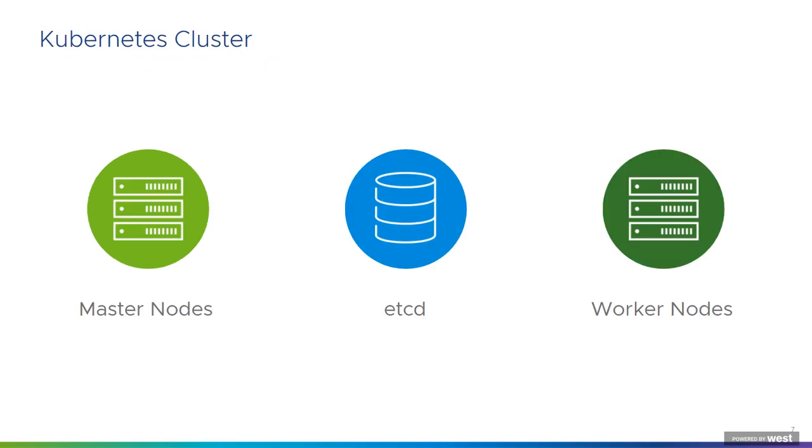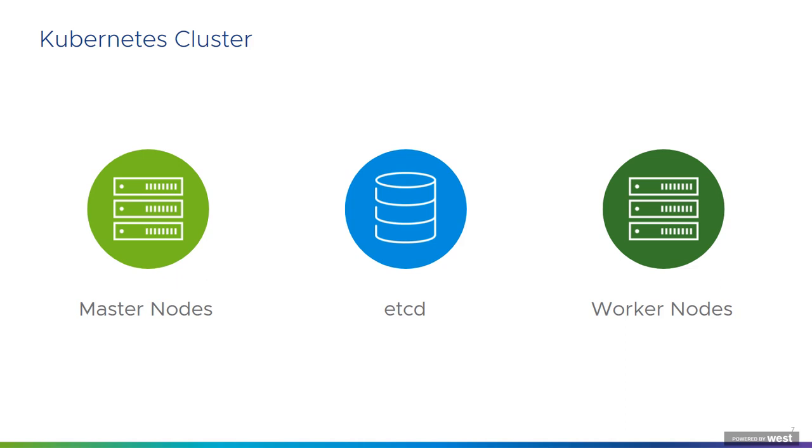But in the Kubernetes space, it's quite a bit different, right? There's a whole cluster of machines, and that cluster of machines is running applications as pods across a series of nodes. So there's much more to consider when you're backing up a Kubernetes cluster. There are master nodes that are present.